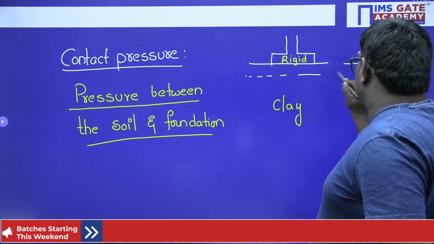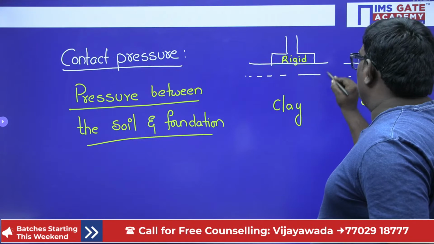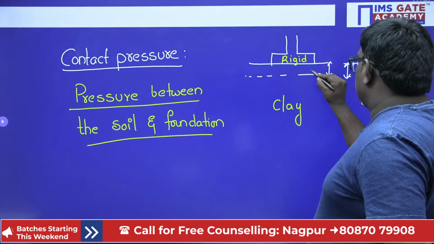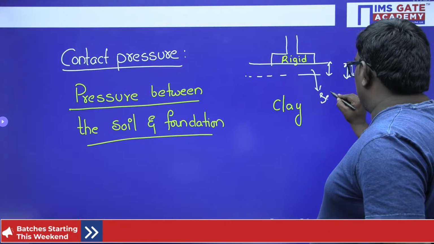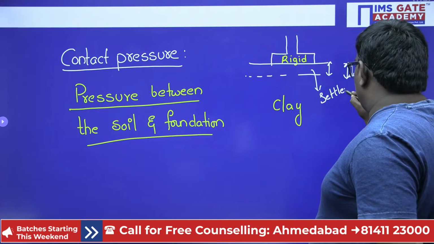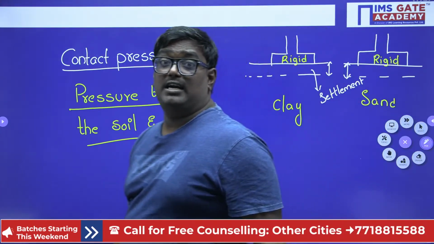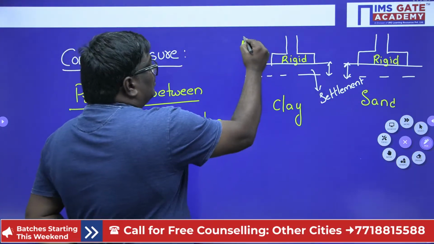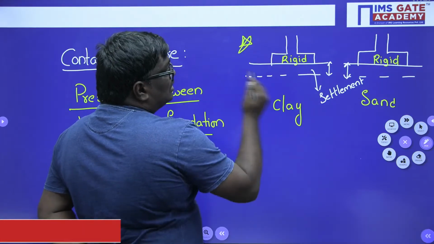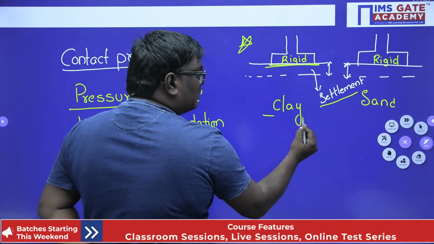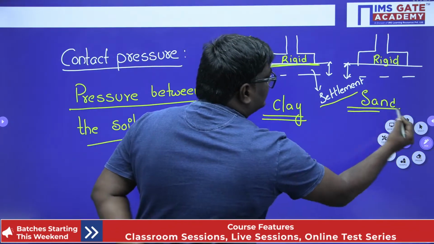This is the settlement. In case of rigid footing, the settlement will be uniform. Please understand, very, very important question. You can put a star mark also. The settlement is uniform in case of rigid footing, in case of clay as well as in case of sand.